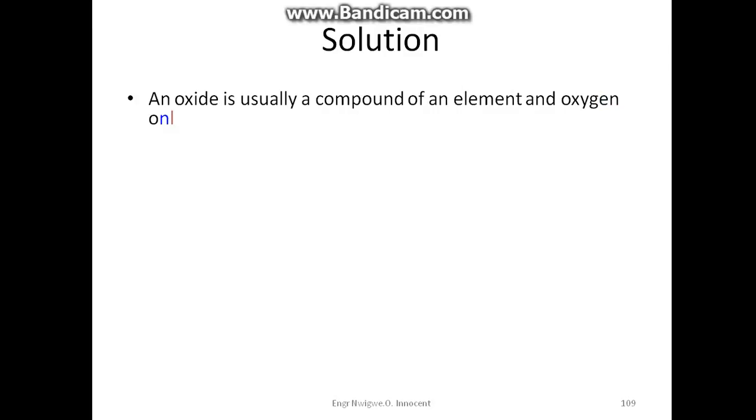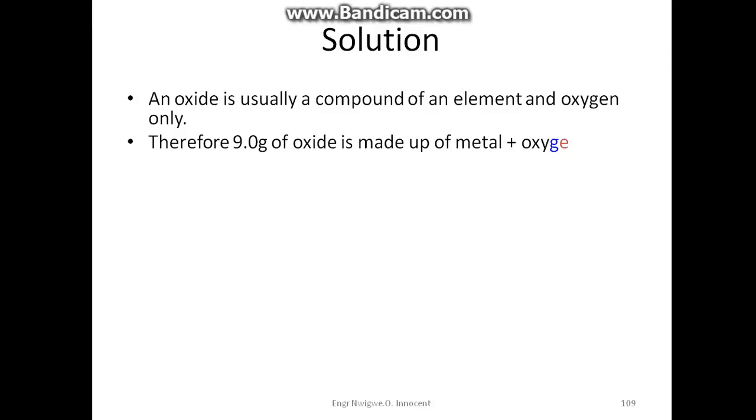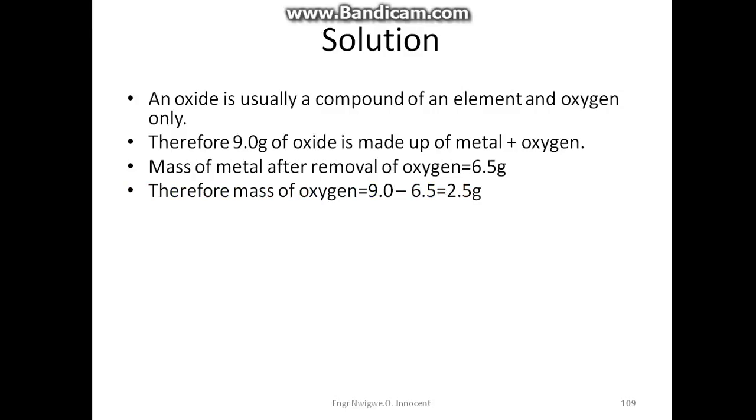Solution. An oxide is usually a compound of an element and oxygen only. Therefore, 9.0 grams of oxide is made up of metal plus oxygen. Mass of metal after removal of oxygen is equal to 6.5 grams. Therefore, mass of oxygen is equal to 9.0 minus 6.5, which is equal to 2.5 grams.